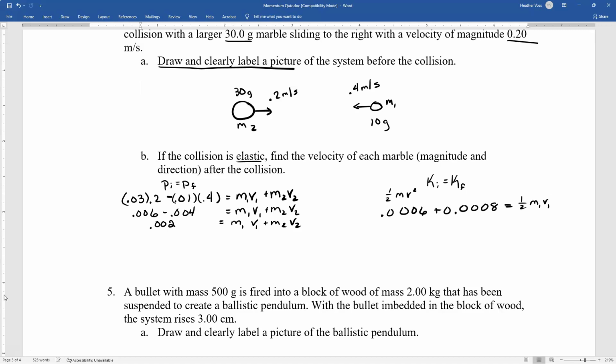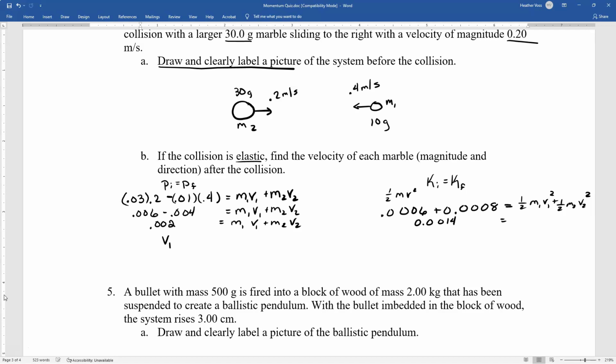After the collision, I have 1/2 mass 1, velocity 1 squared, plus 1/2 mass 2, velocity 2 squared. So over here I've got 0.0014 joules equal to this. One thing I'm going to have to do is solve over here for V1 and then plug it in over here.